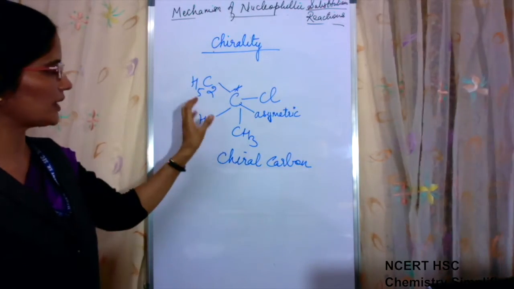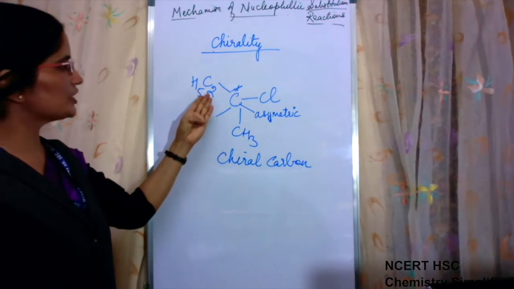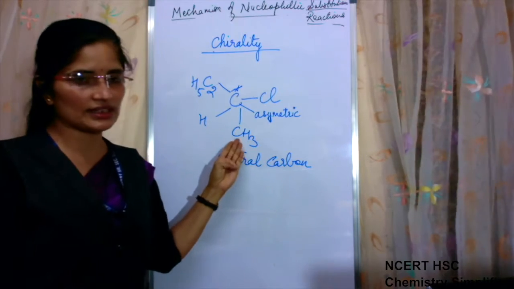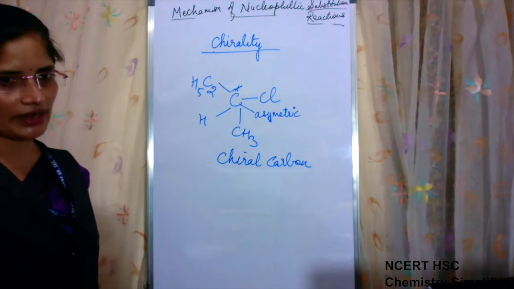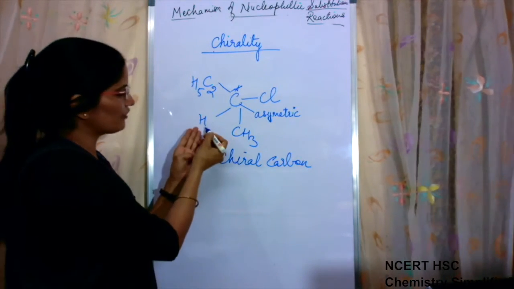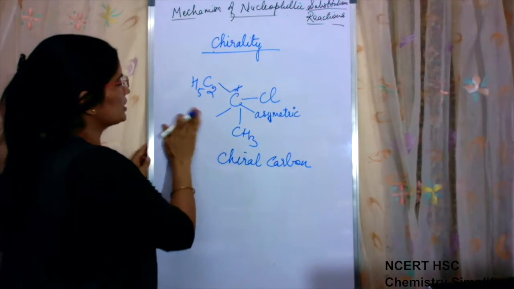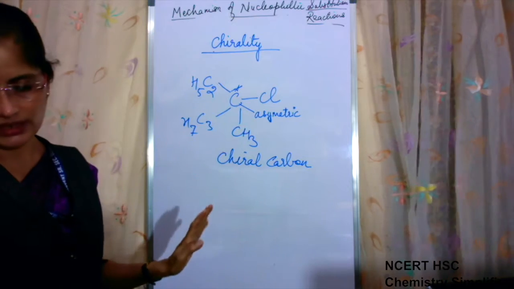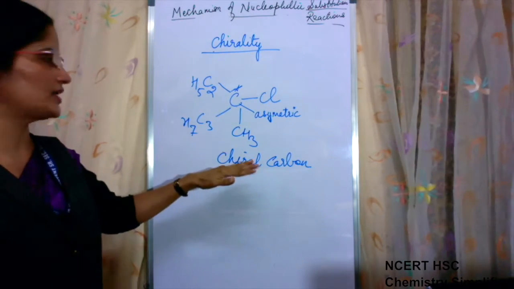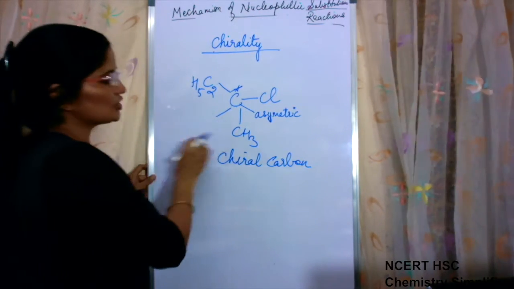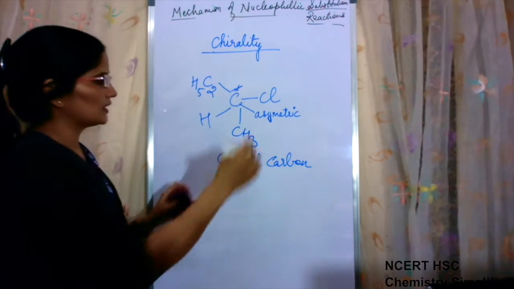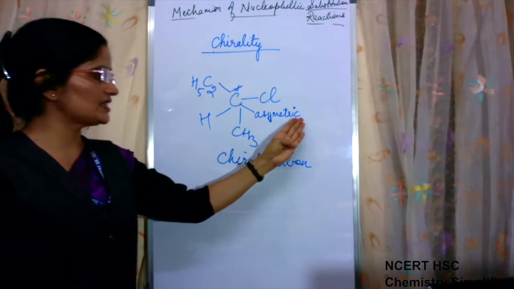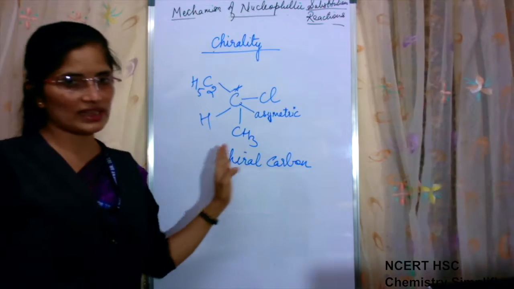Maybe CH3, if it is C2H5, maybe we can have C3H7 here, that doesn't matter. Or instead of H, here is CH3, maybe here C3H7. Then also all 4 groups are different. It doesn't matter what is attached, but whatever is attached, all 4 should be different. Then that carbon atom is an asymmetric carbon and also known as chiral carbon.